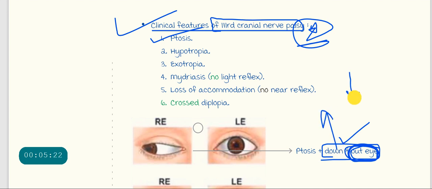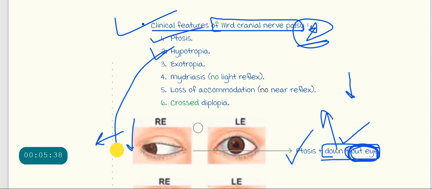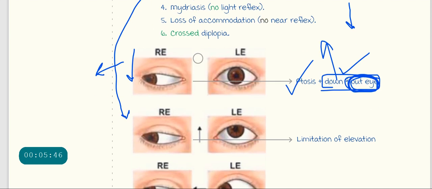Okay, so downward, and it would be displaced forward, and this will be with ptosis. Now, hypotropia. So the next is hypotropia. In hypotropia, there would be limitation of elevation. Let's see. So here you can see the limitation of elevation, and that is why it will drop.